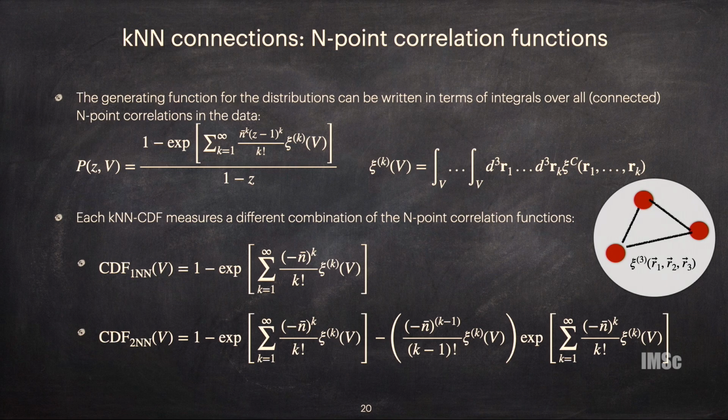The next term asks me to consider triangles instead of just pairs of points. I integrate over all such configurations, so this is actually an integral over the 3-point function. In this way, you can show that the generating function and therefore the CDFs are actually sensitive to all n-point functions in the data, okay?